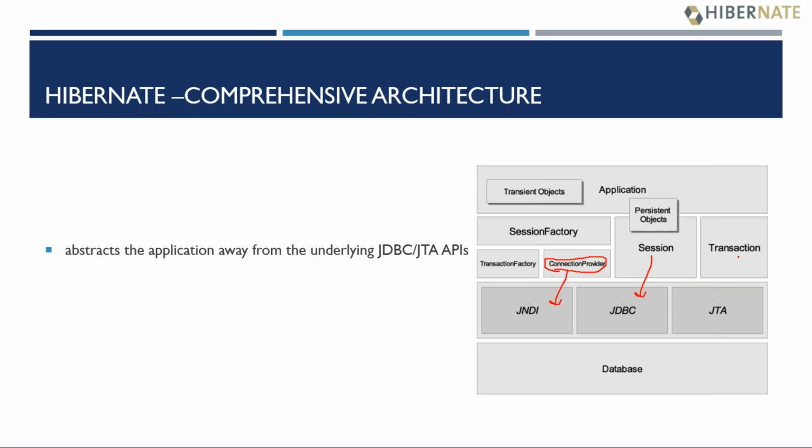And then you've got the transaction API, which internally will use JTA, the Java Transaction API. But as a programmer working with Hibernate, you will be working with this layer only. So that is what it means: it abstracts the application away from the underlying JDBC and JTA APIs, as you will be working on the layer above it.